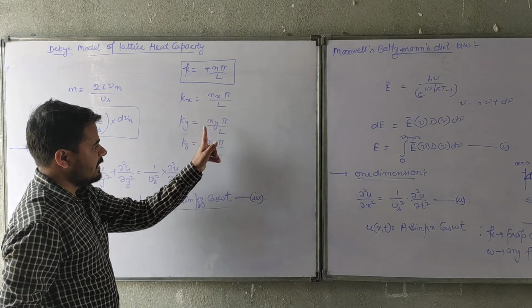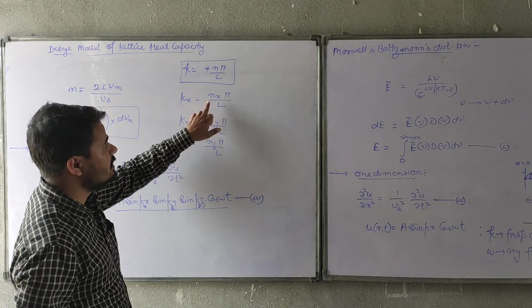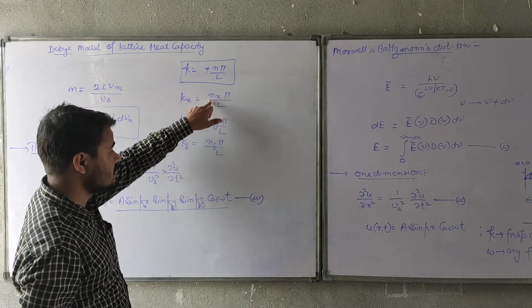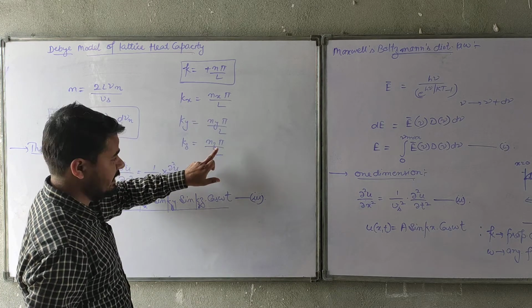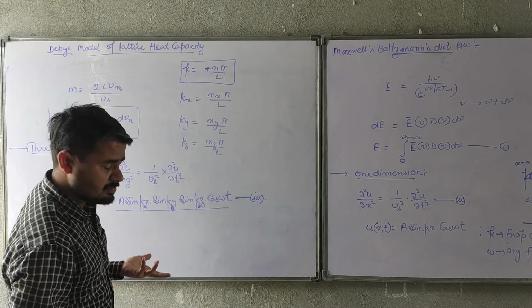That means nx, ny and nz represent the number of modes towards the x-axis, y-axis and z-axis, where the π/l factor is constant.